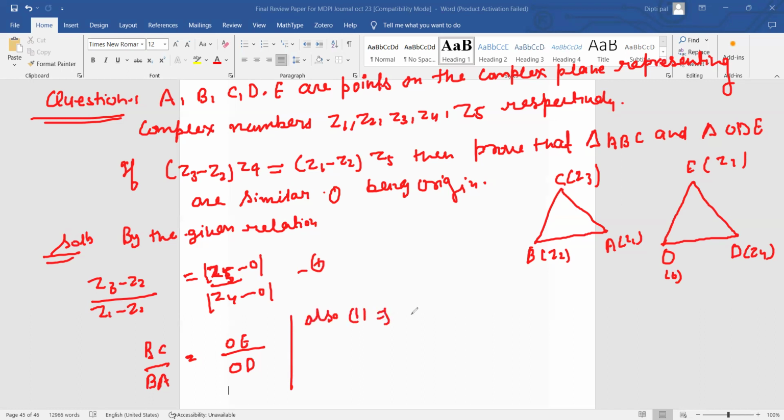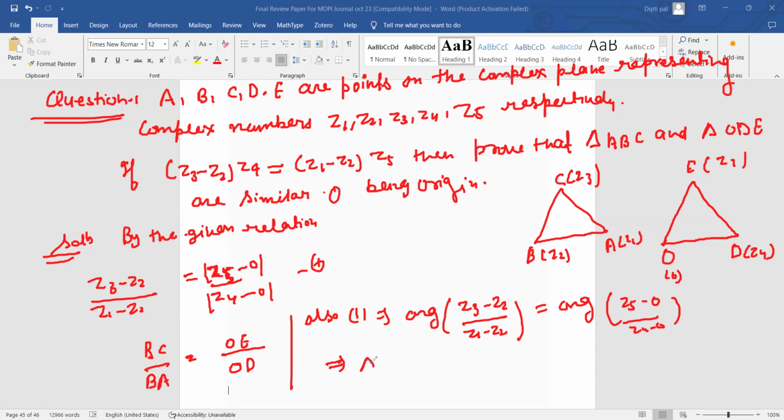Also, argument of (Z3 minus Z2) upon (Z1 minus Z2) will be equal to argument of (Z5 minus 0) upon (Z4 minus 0). So this implies the angle between BC and AB, and this is the angle between OE and OD.